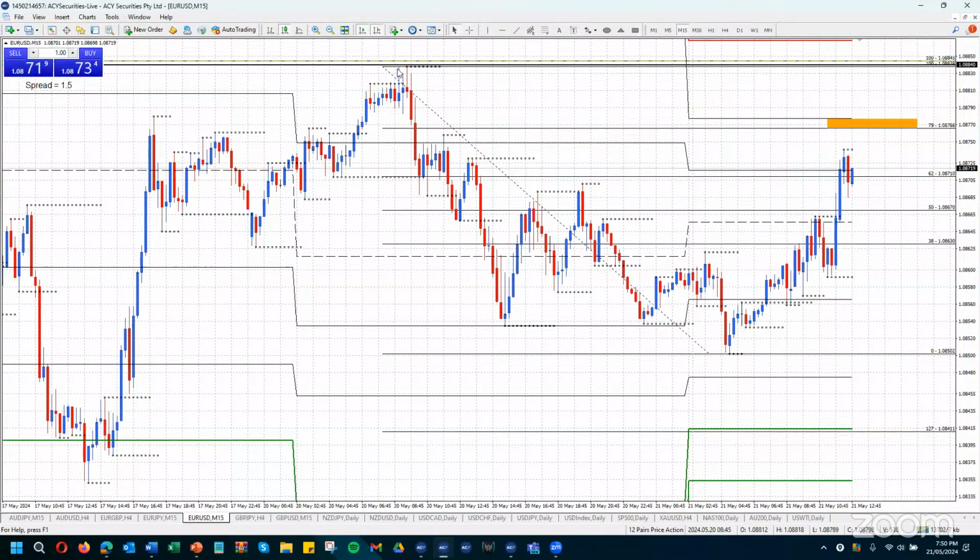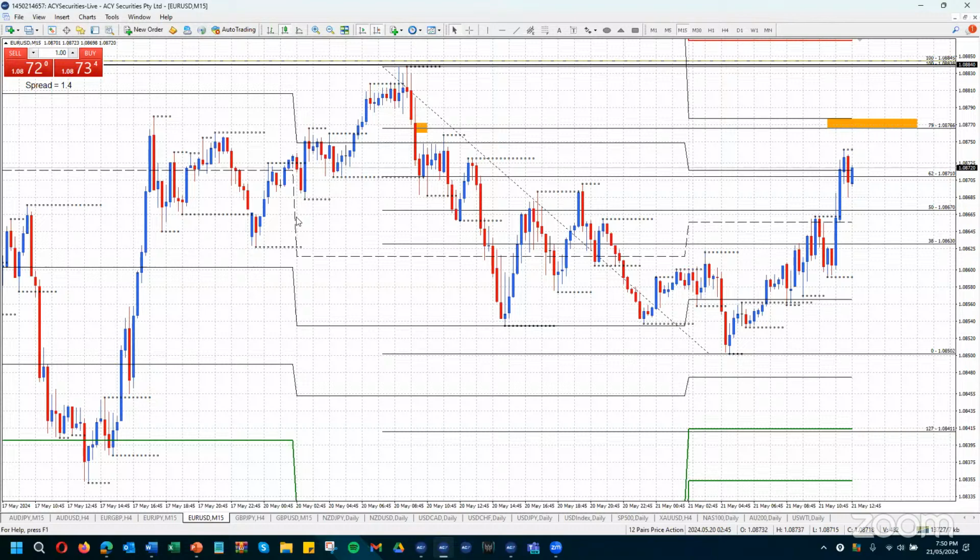Because we traded down all yesterday, we might be just coming back up within the range of yesterday, and we've had a day down already. There's a very small imbalance in here that hasn't been quite filled. So we might just be coming back into that area first of all today, and then trading down again.